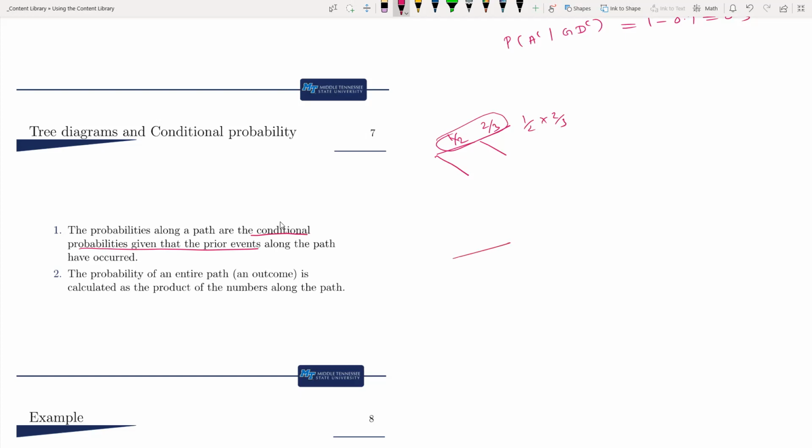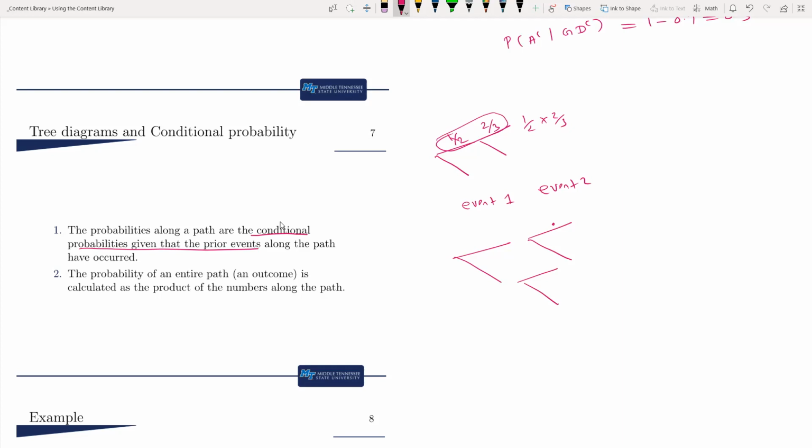So if you look at this, let's say this is event 1, and then let's say this is event 2. Then when you are in here, you know that event 1 already occurred. So you are really calculating the probability of the second event occurring, given that the first event occurred.